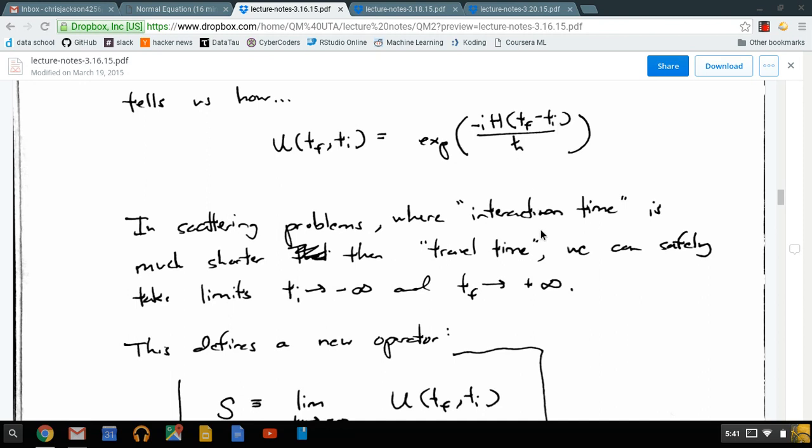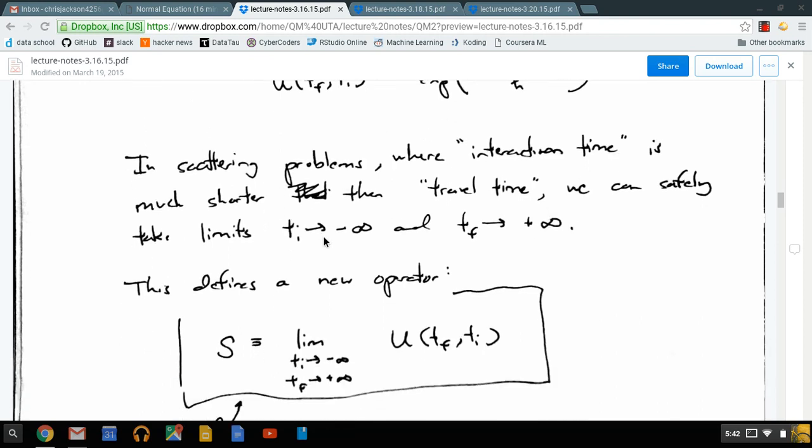And in these types of setups, the interaction time, so the time that the wave or the particle is actually interacting with the potential, is very, very small compared to the time that it takes the particle to get from our accelerator to the scattering, and then for the scattered particle to get to the detector. So the interaction time is very small, and so we can safely take the initial and final times to minus and plus infinity, respectively.